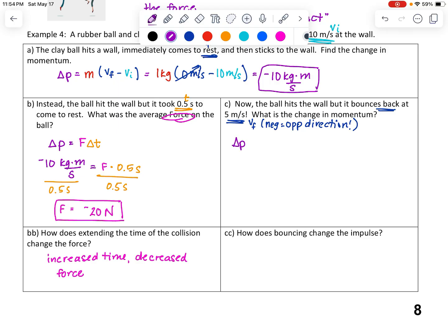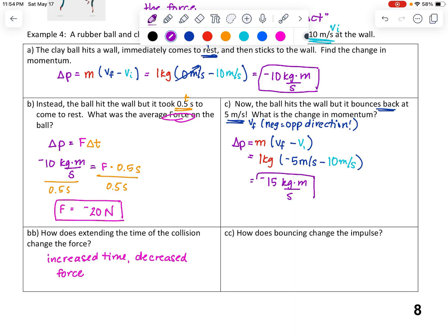Change in momentum is my mass times my VF minus my VI. And so I can go ahead and write my mass in, which is 1 kilogram. My VF now, remember, because it's in the opposite direction, I'm putting a negative in front of the 5 meters per second. Then I'm subtracting my VI, which is positive 10 meters per second. And so that ends up being a negative 15. So my change in momentum is negative 15 kilogram meters per second.